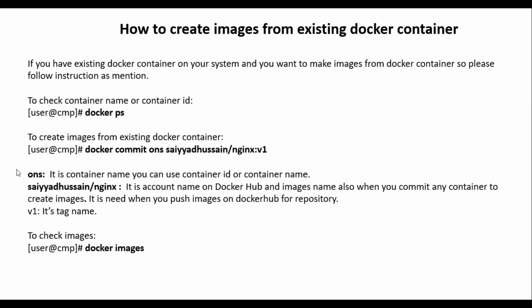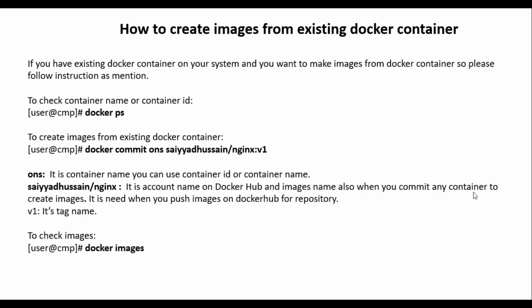Here I have used Syed Hussain slash nginx colon v1. You can use the container ID or the container name. So we are using the container name, Syed Hussain slash nginx. It is the account name on Docker Hub and the image name also.